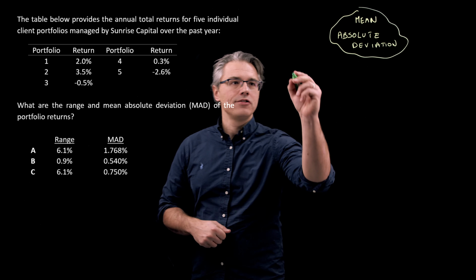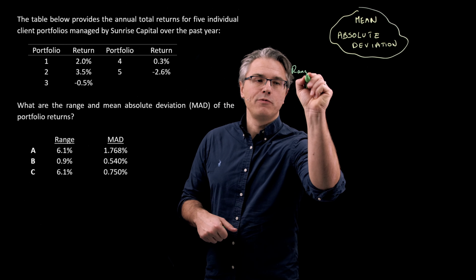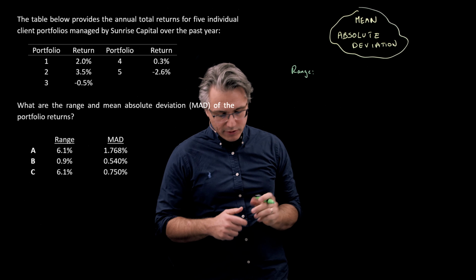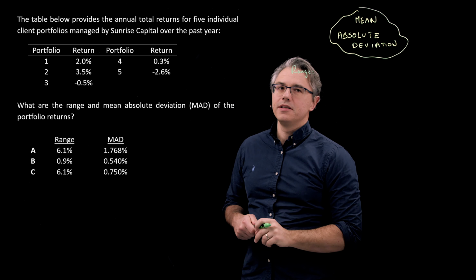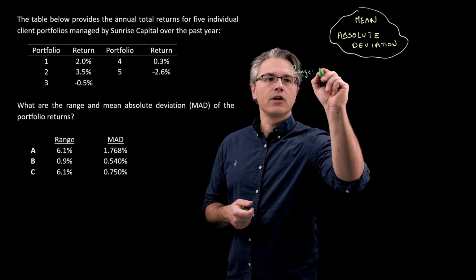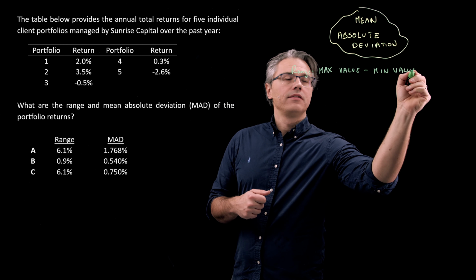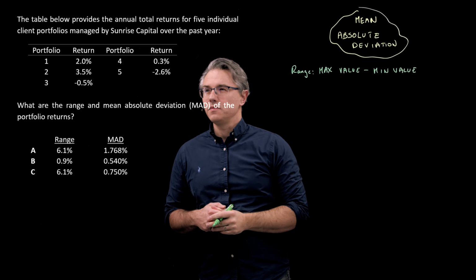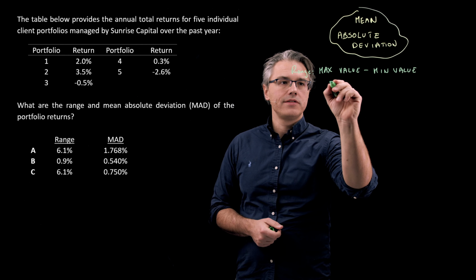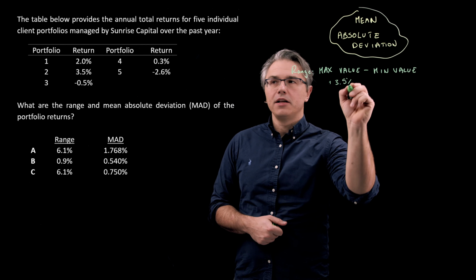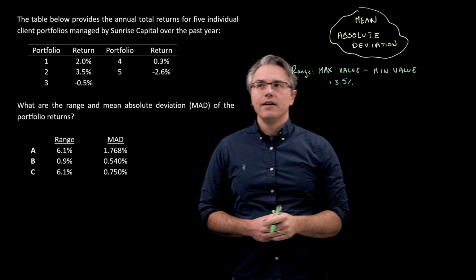That's the range. We're going to get that out of the way relatively quickly. This will be basically the difference between the maximum value observed and the minimum value observed. Please note that the maximum value is going to be 3.5. However, the minimum value is a negative 2.6.